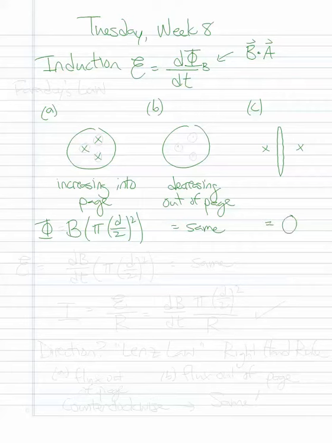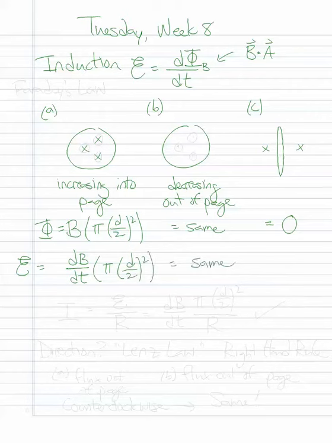The next stage then is to calculate what the induced EMF is for each of these, and we're going to calculate the derivative. The only thing that's changing in this case was the magnetic field, so it's dB/dt times pi (d over 2) squared, and of course the same over here.